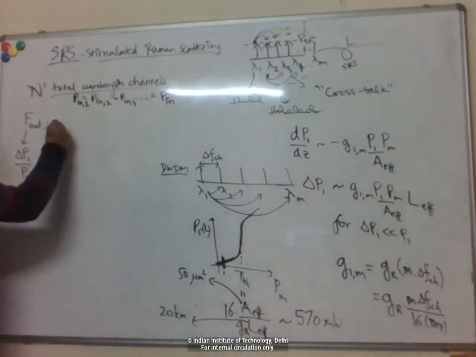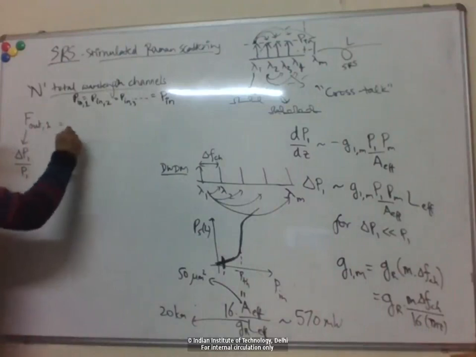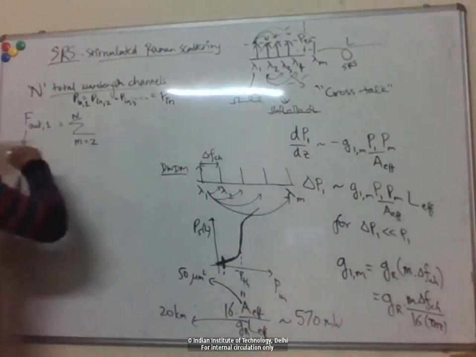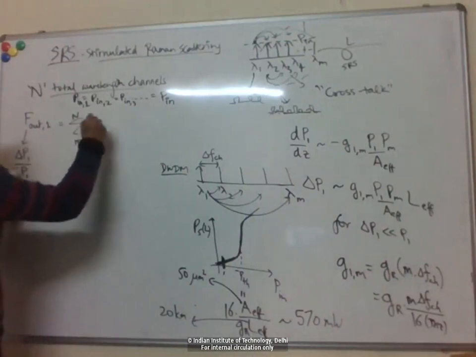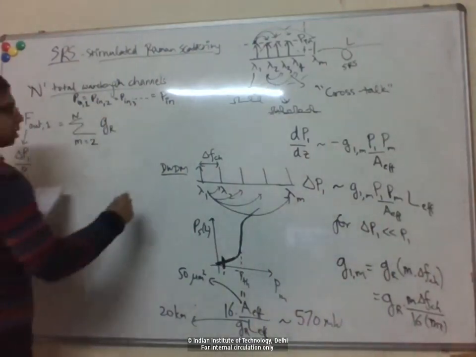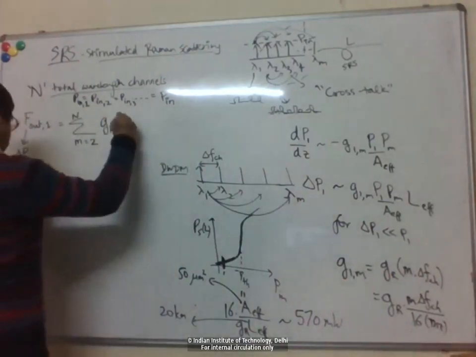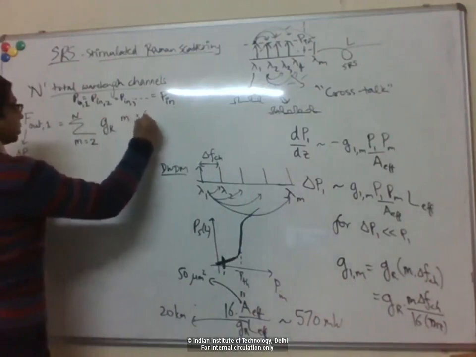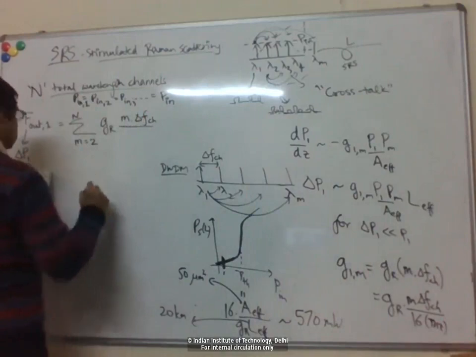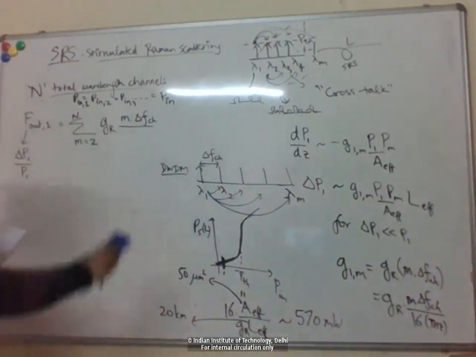Then this factor I can write as a sum over m starting from 2 to the number of channels, of the peak Raman gain times m delta F channel.